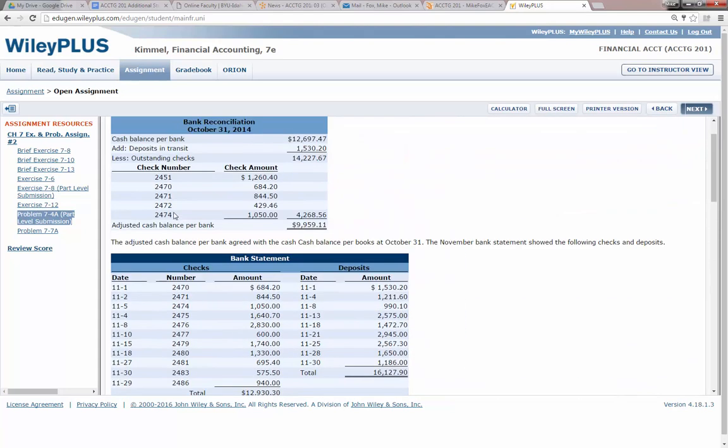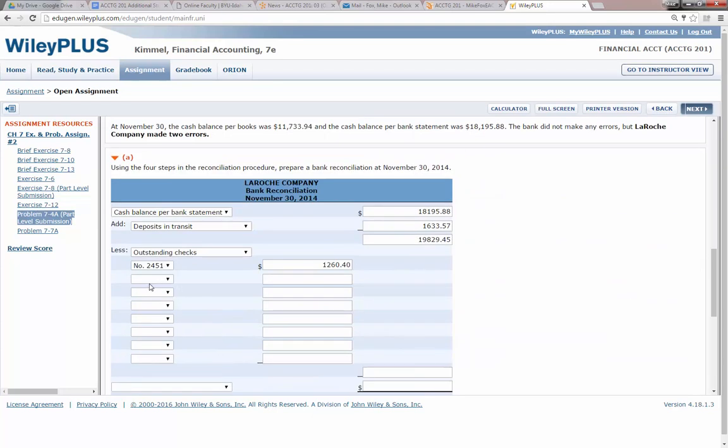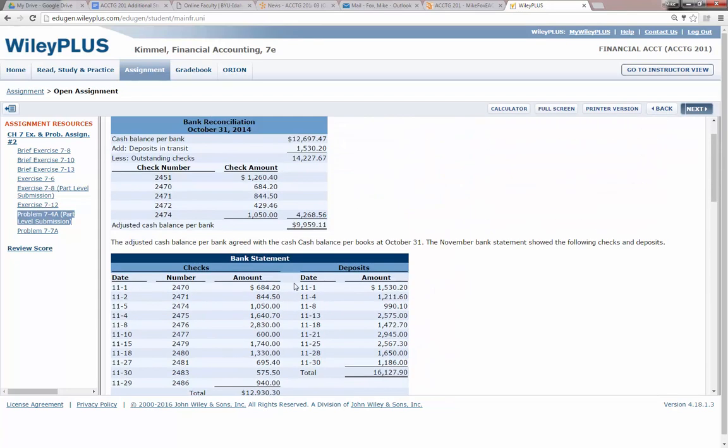Again, we'll go up and make sure 2470 did show up and clear the bank. 2471 did as well. 2472 still has not shown up and cleared the bank, so that's still an outstanding check, $429.46. And then 2474 has cleared the bank.